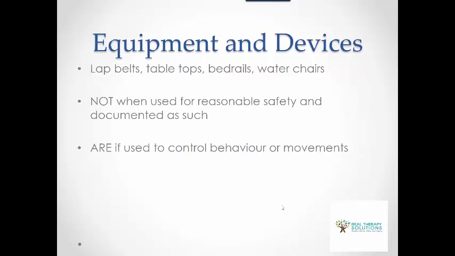If a client is removing their seatbelt and other strategies such as looking at where they're sitting in the vehicle, giving them things to occupy and entertain them in the vehicle so that they don't get bored and want to take their seatbelt off haven't worked, and the person's still trying to take their seatbelt off, the next strategy might be using a seatbelt buckle or a harness.